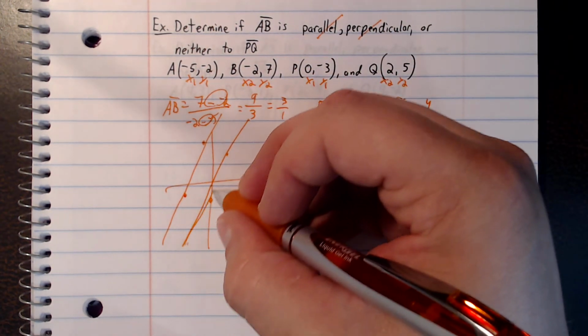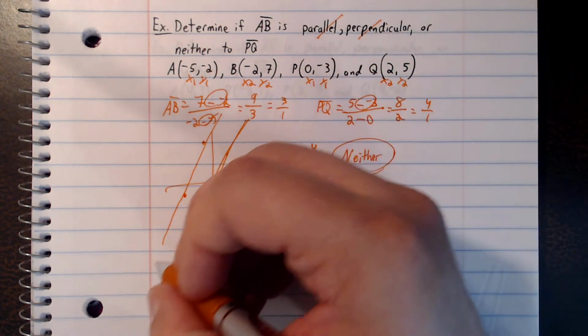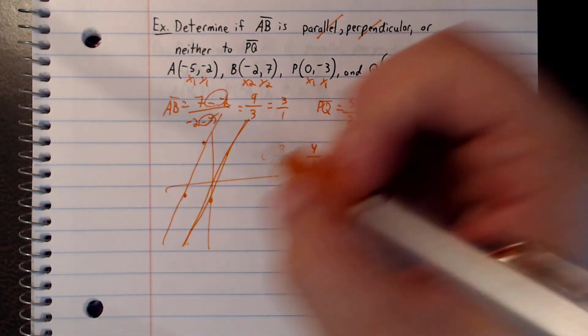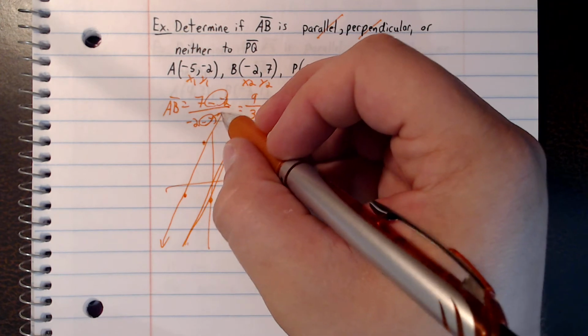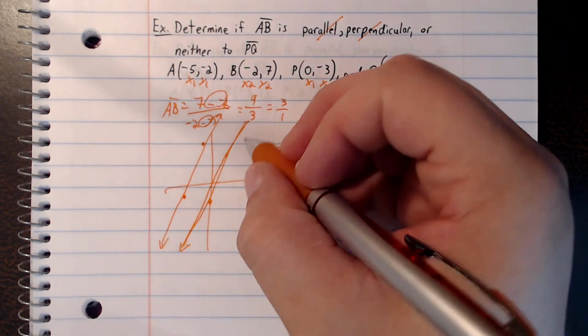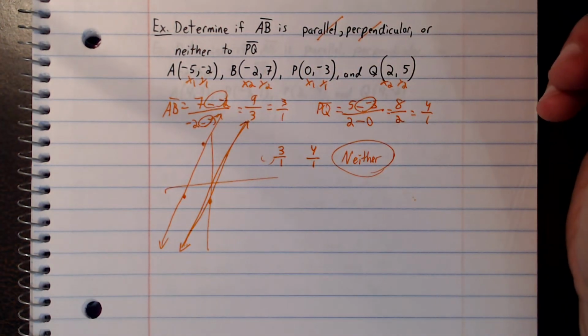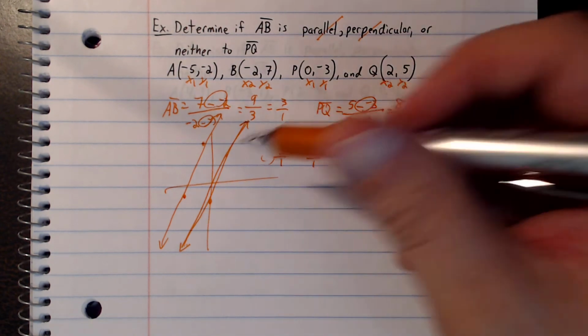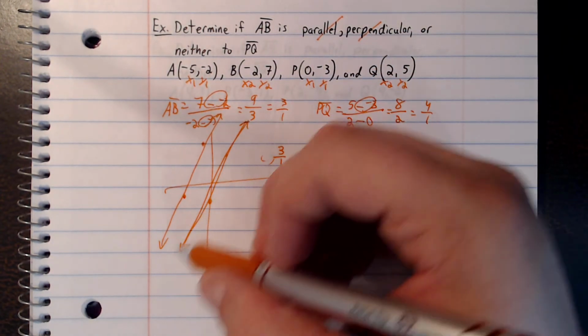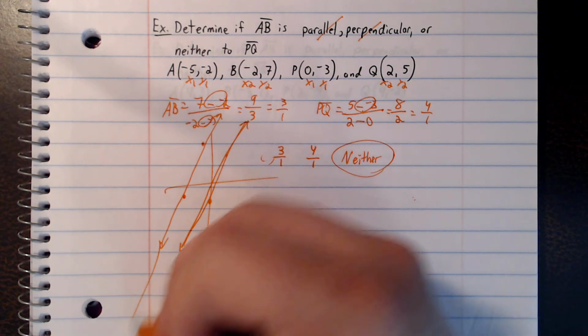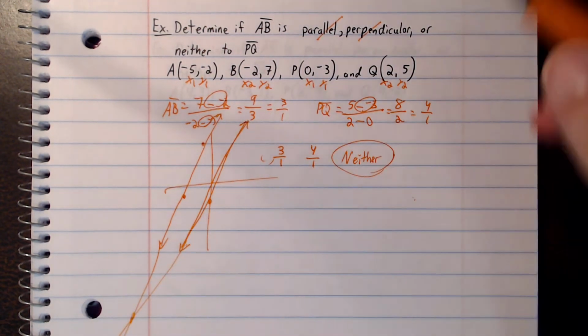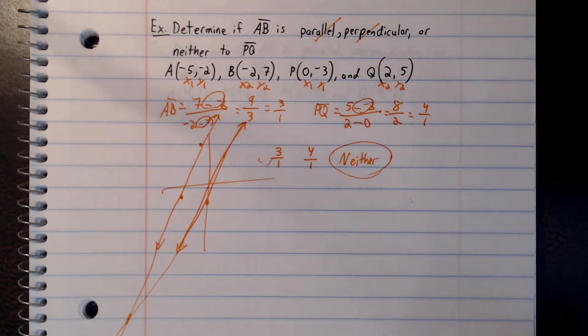I missed the point a little bit here, but here's the deal. This thing is going a little bit more steep than this thing. It's just a little bit steeper. So eventually they'll cross down here, making them not parallel.